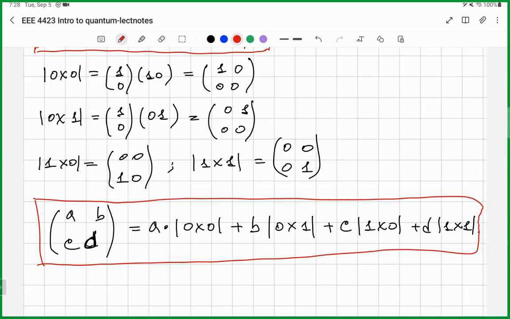So if you expand all these inner products, outer products, and multiply each one by A, B, C, D, the corresponding number, you will get this matrix. So you can represent any matrix 2 by 2 via these outer products of basis vectors.